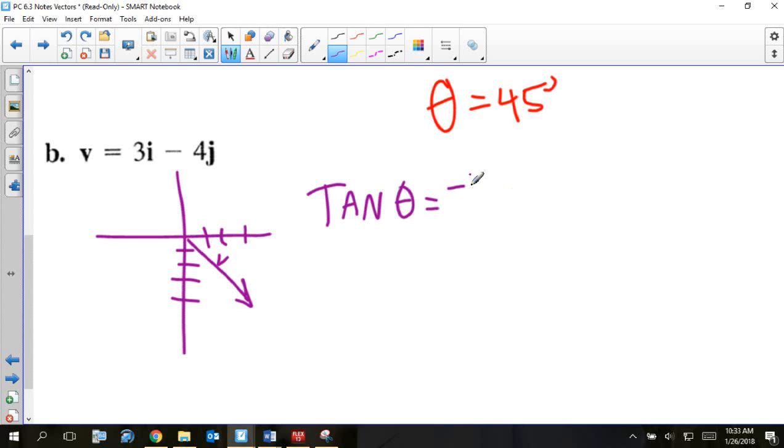So we'll put -4 over 3. I need to know at what angle tangent is negative 4/3. Is it on the unit circle? It is not. So yes, you will need the inverse tangent on your calculator to find the angle, not on your unit circle.